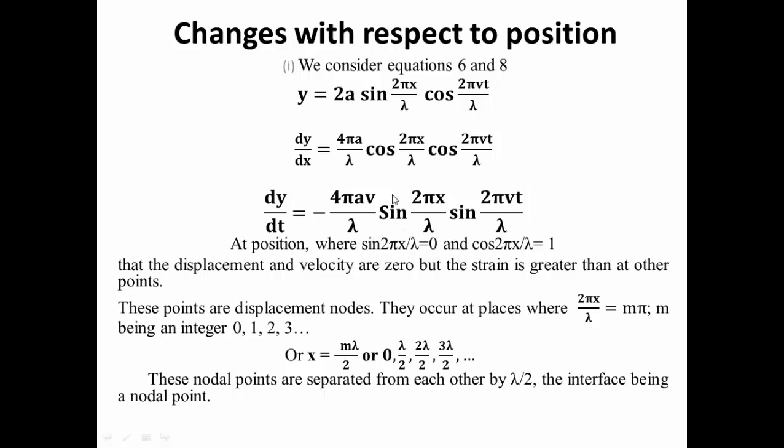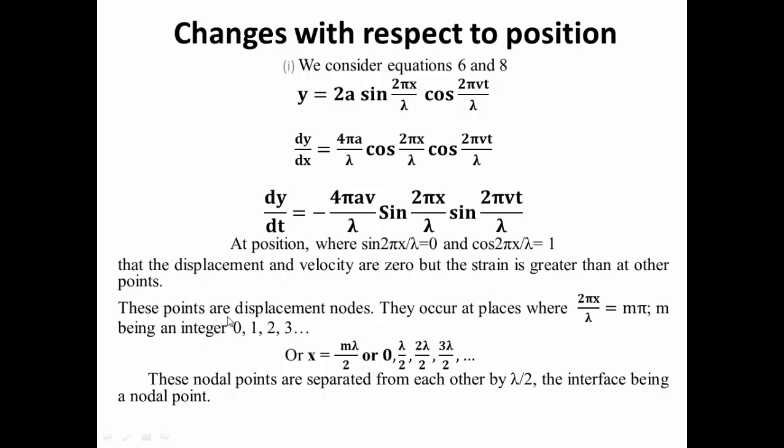Since sin is 0, velocity is 0 and displacement is also 0, but cos is 1, so strain is always maximum.